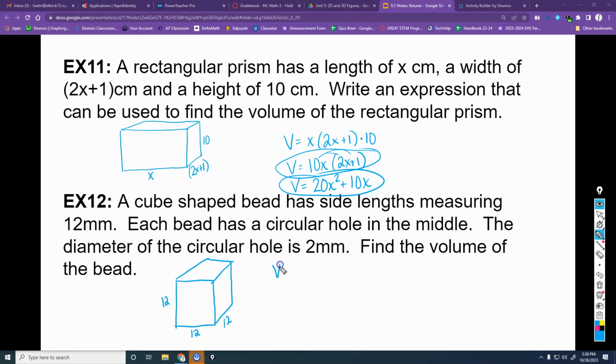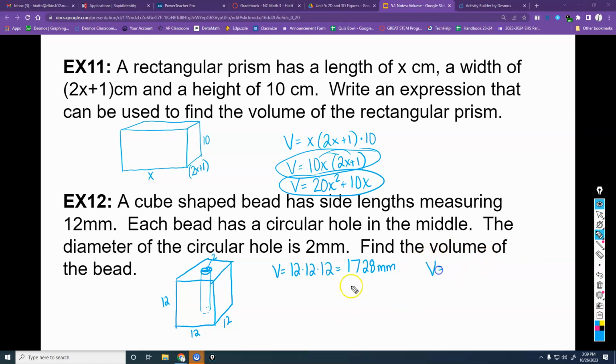So volume of that is very easy to find. We just do 12 times 12 times 12, or 12 cubed. And if we do 12 cubed in our calculator, we get 1728 millimeters. But there is a hole going down through this bead. So the diameter of that is 2 millimeters, which means the radius is just 1.